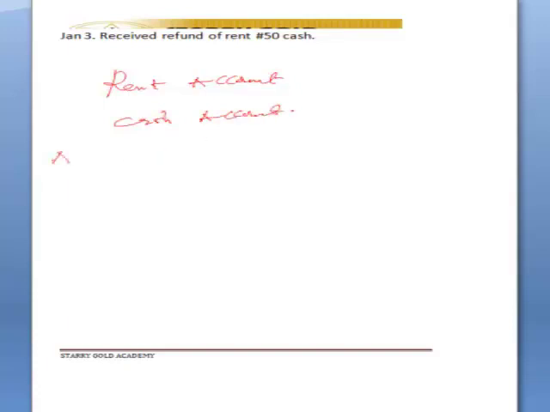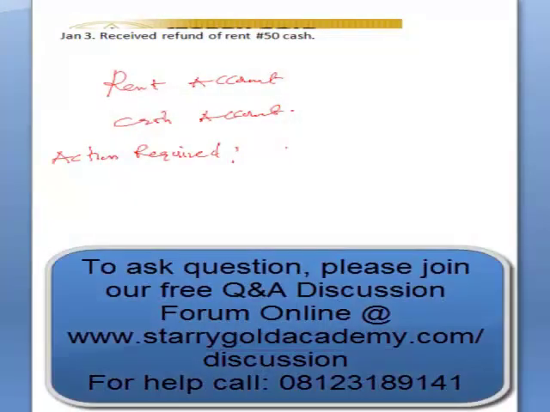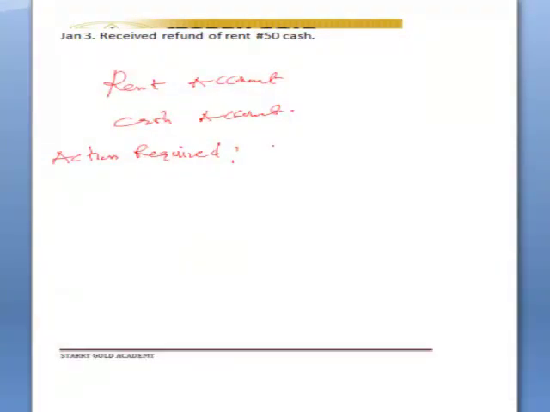What is the action required? The receiving account here is cash. So rent is giving a refund to the cash account. We shall credit the rent account, because there is a refund.